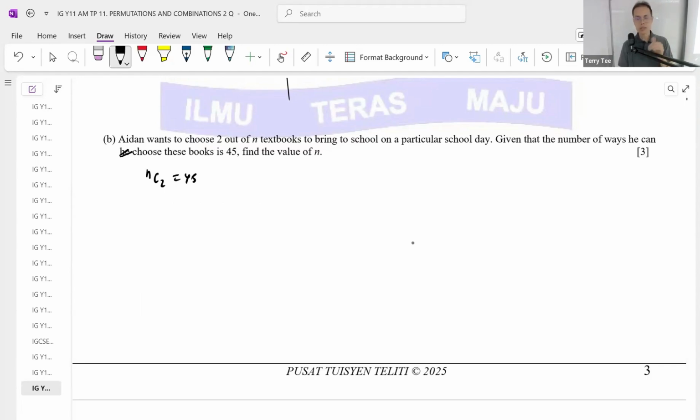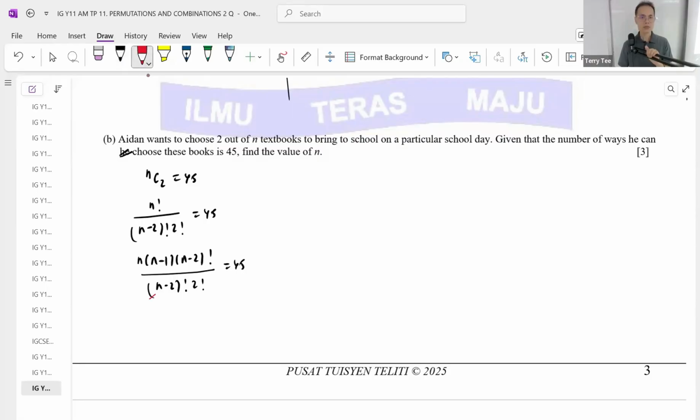Now, I'll show you the slow way. The slow way is n factorial over n minus 2 factorial, 2 factorial. Now, from here, what can I do with this n factorial? n factorial is n times n minus 1 times n minus 2 factorial, divided by n minus 2 factorial here, and 2 factorial. Actually, guys, you can cancel this and cut short.